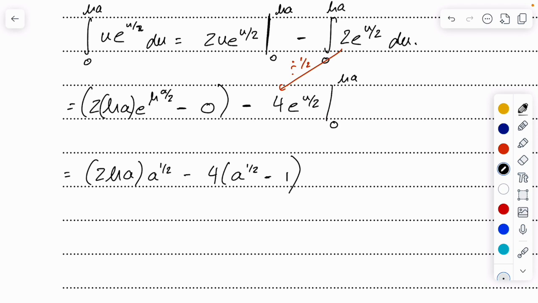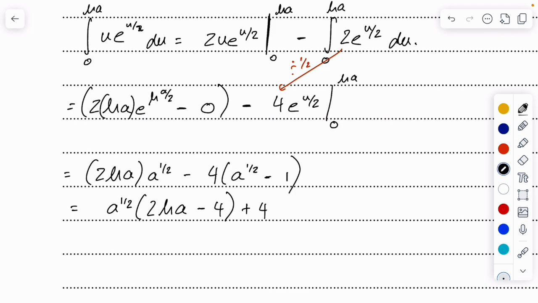It's going to equal a to the half times 2 ln a minus 4, plus 4. I'm going a bit quick, but if we expand and we factorize, that's what we'll get.